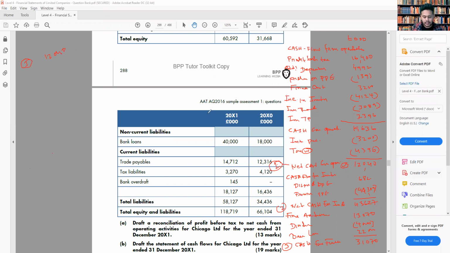And then cash flow from the investing activities, we have minus 43,627. So I'm going to write minus 43,627. And finally I have from the financing activities, that is plus 31,070.